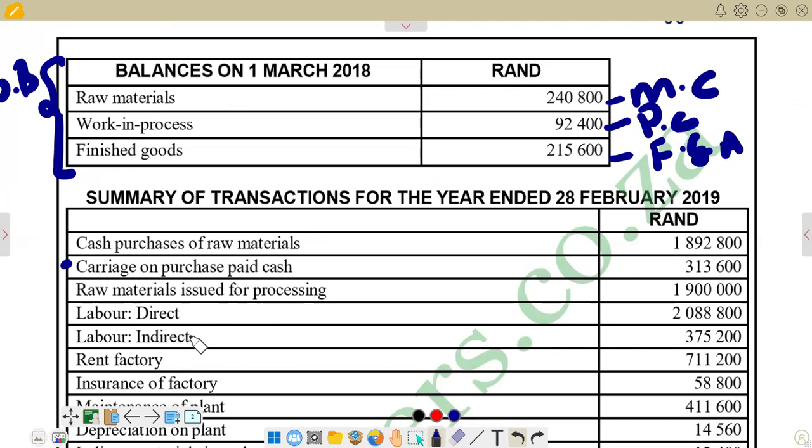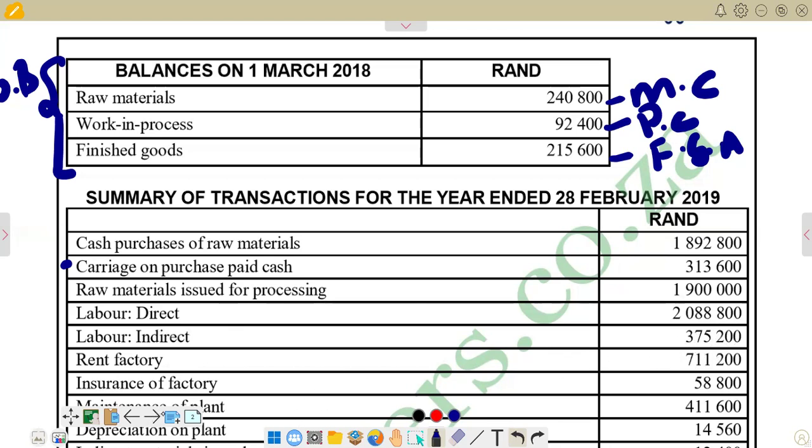The double entry we employ here on labor is to debit the labor account, and obviously credit the bank account. For the first double entry, the bank account we are going to ignore. We just debit the labor control account. So I'll go to the labor control and debit direct, 2,088,800, and also debit indirect, 375,000.